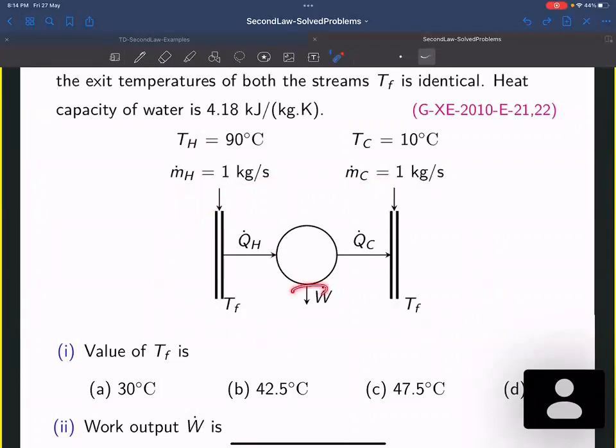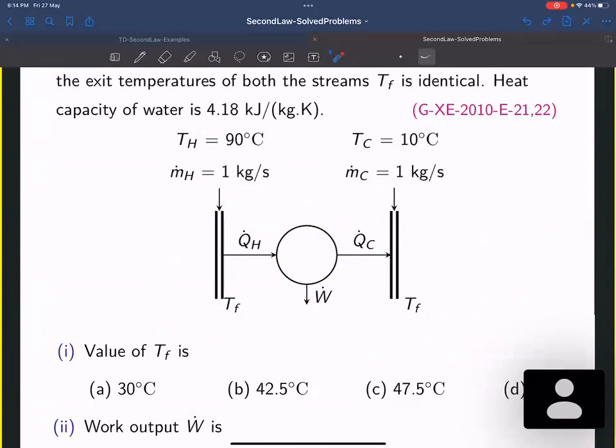Whereas if you don't have this W, whatever QH is available, you simply send it to the low temperature stream. You are actually wasting the energy. Otherwise, there is a possibility of QH minus QC being converted into work. Instead, you are simply sending all the QH to the low temperature, so you are wasting an amount of energy equal to QH minus QC.